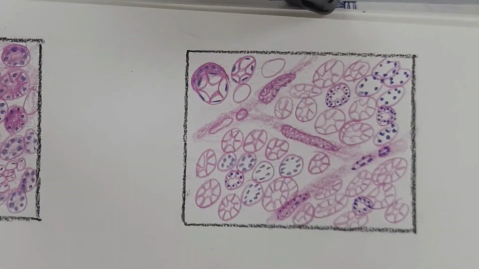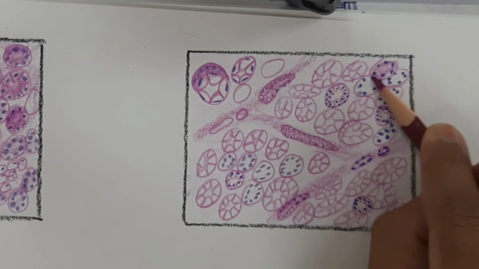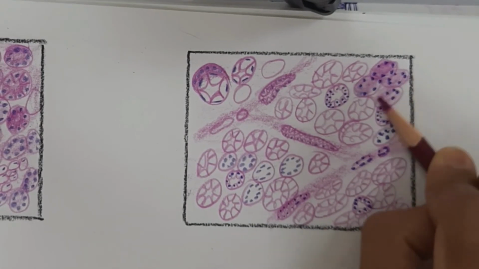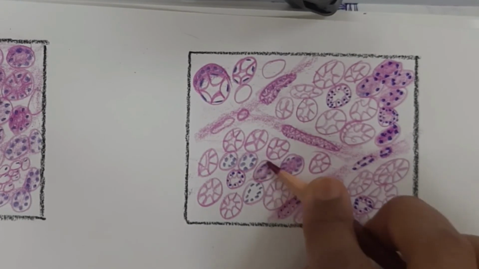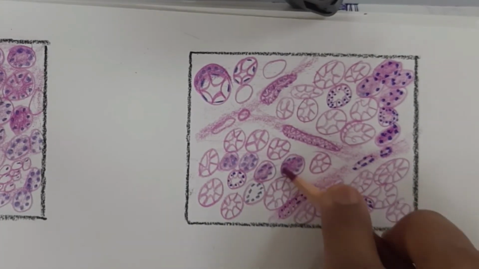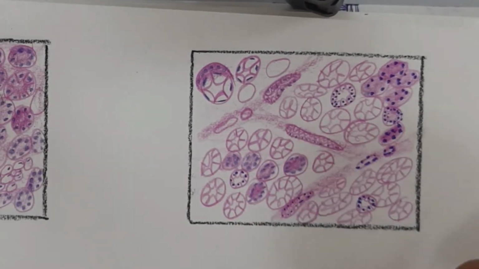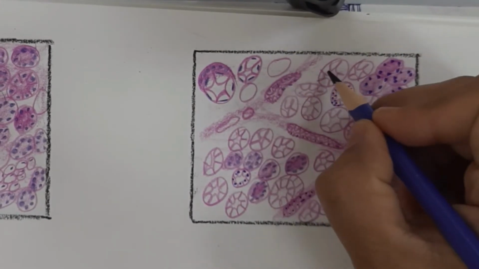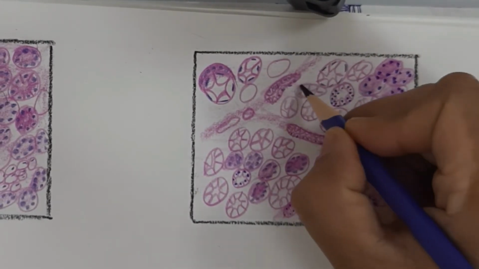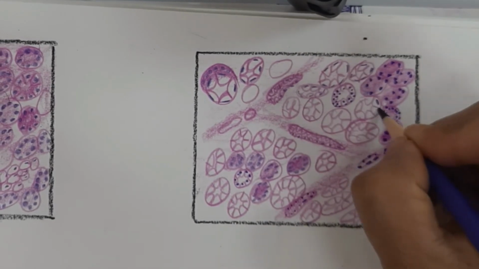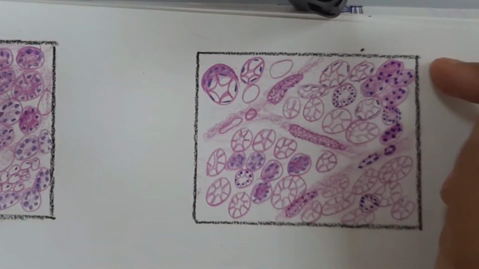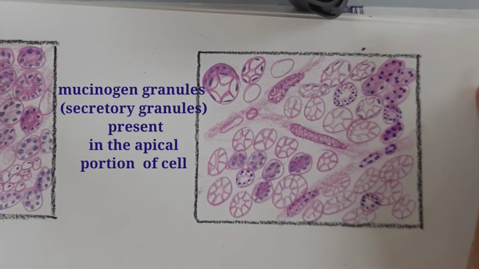Excreted material from the acini is carried by the duct. The duct system consists of the intercalated duct, striated duct, intralobular duct, interlobular duct, interlobar duct, lobar duct, and main excretory duct.